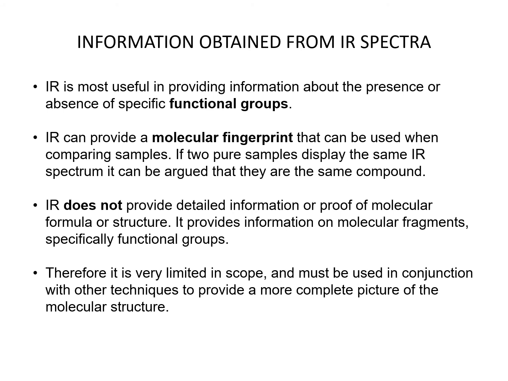If you take those ranges, which are expressed in wave number per centimeter inverse, you will be able to distinguish what functional group is this or what functional group is that.